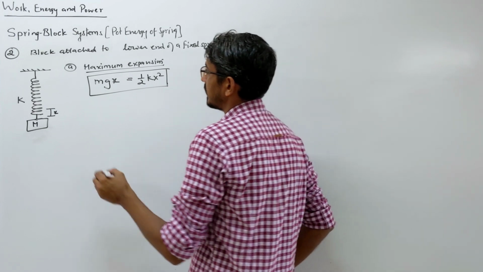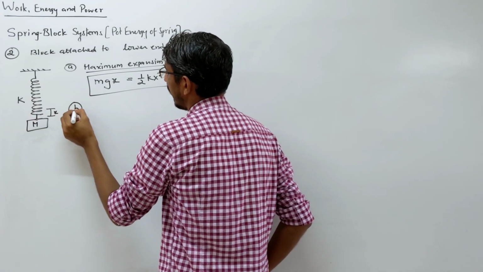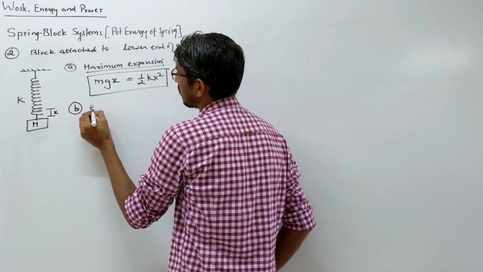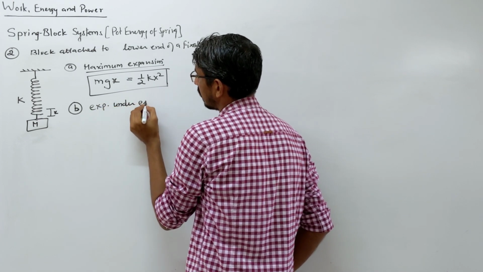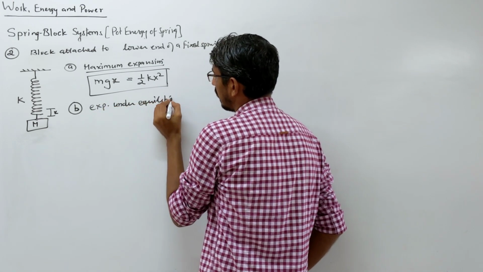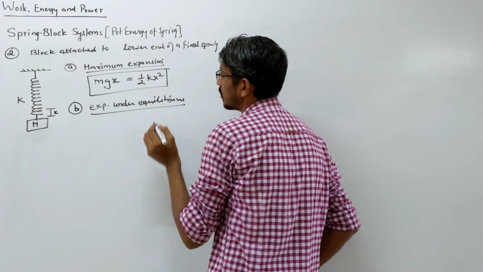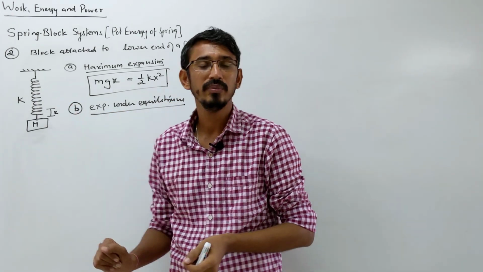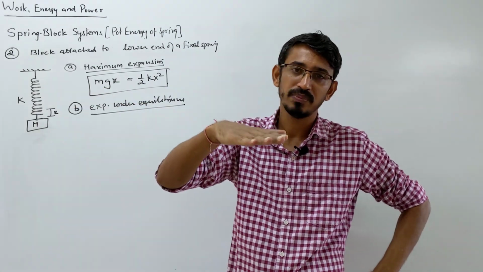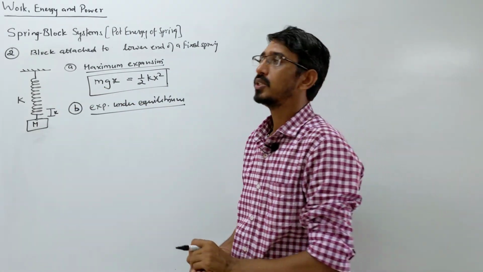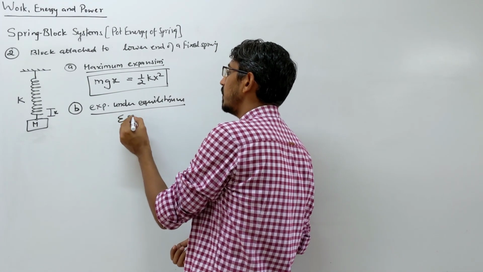But the same question, what if they ask for the compression under equilibrium, the expansion under equilibrium? In our simple harmonic motion chapter we learned this is called a spring pendulum. If you leave a block, it starts oscillating. After oscillating for some time it will stop. That's the equilibrium position, right? Under that condition we know that the net force should be equal to 0.